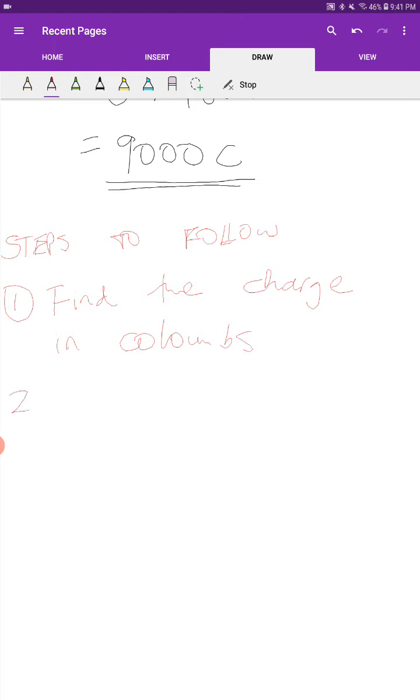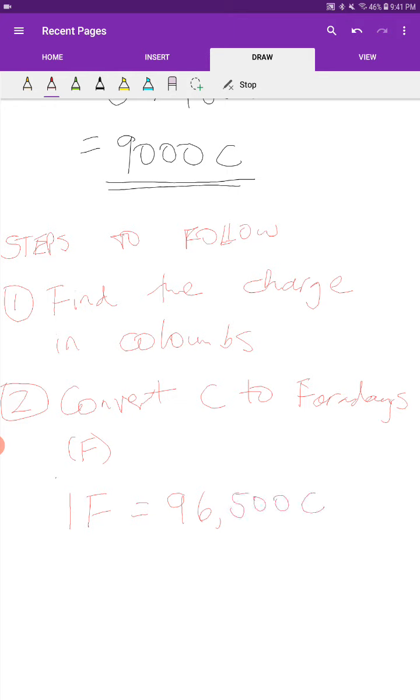After we do that, then we have to convert our coulombs to a new unit. That new unit is called Faradays, after the man himself. If you have two laws, why not have a unit as well? And it's a standard conversion factor. 1 Faraday is equal to 96,500 coulombs.